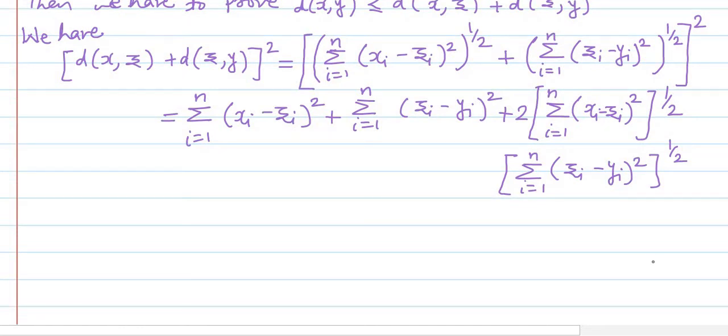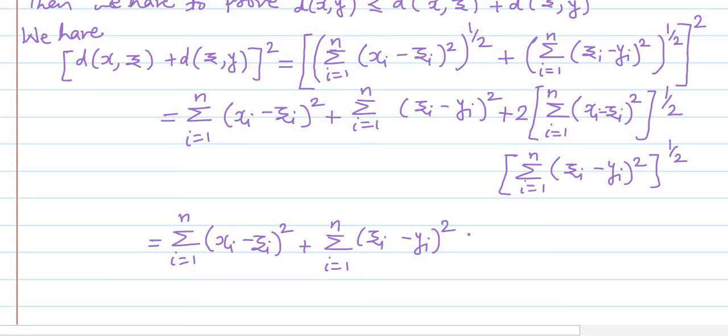Now we'll write this in a simpler form. So this is equal to the summation over i equal to 1 to n of (xi minus zi) square plus the summation over i equal to 1 to n of (zi minus yi) square. The first two terms we have kept as they are, then plus this middle term. We'll write it in the form of a square root, since 1 by 2 power means under root.